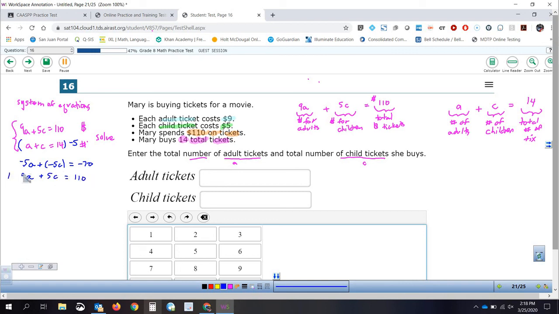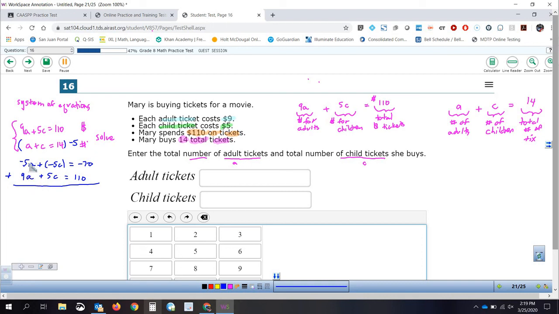And then I'm going to add those two equations together. And guess what? When you add two equations together, you get a new equation that has the same solutions as they did before you added them together. Isn't that cool?